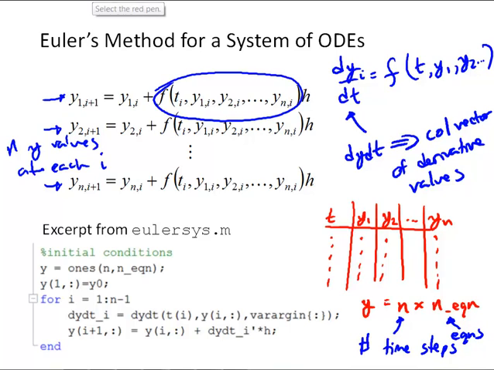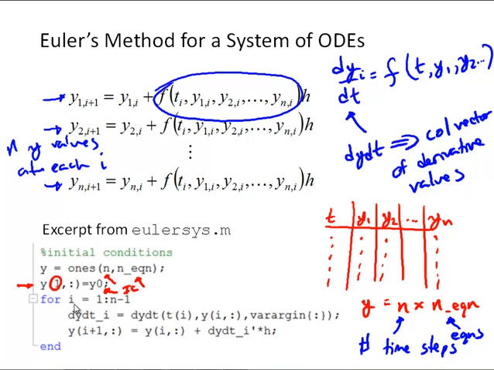You can see that over here in the M file, where we're setting up y with the ones function, pre-allocating y for our solution as a matrix with n rows, one row per time step, and n equations, one column per equation. Then we'll set all of the first row equal to the initial condition, and start our iteration through the time steps.